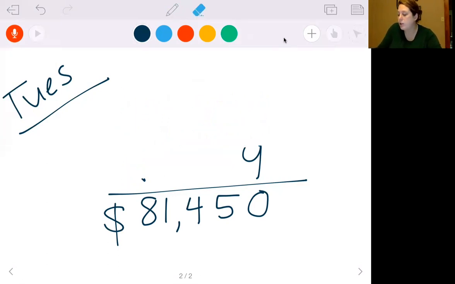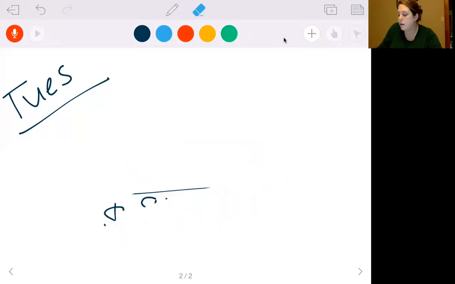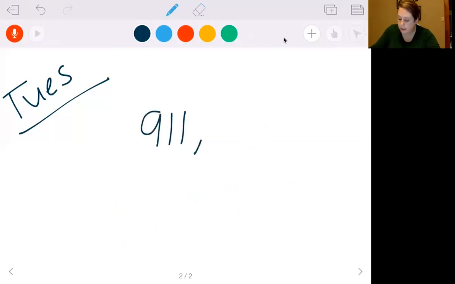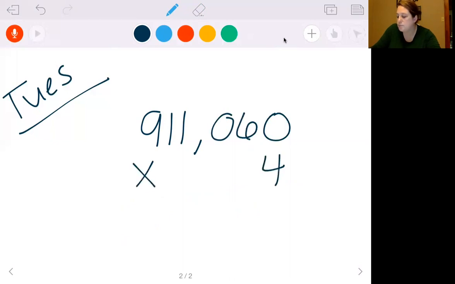Okay, so let's try another. Okay, let's do 911,060 times 4. 4 times 0 is 0. 4 times 6, 6 times 4, commutative property, you can do either one, is 24.